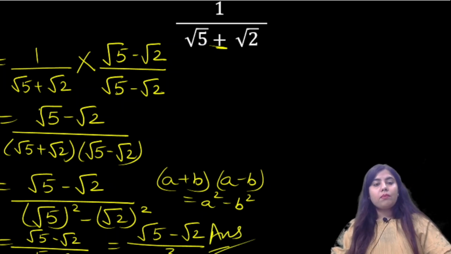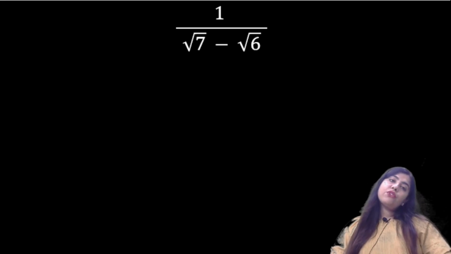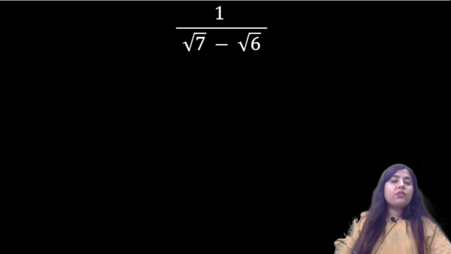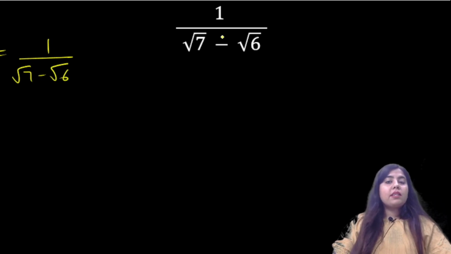Okay. Now see the next one. 1 by root 7 minus root 6. Now again we have to do rationalization. Again we have to follow the same steps. Just write the given number as it is. 1 by root 7 minus root 6. Now here minus is given to us.